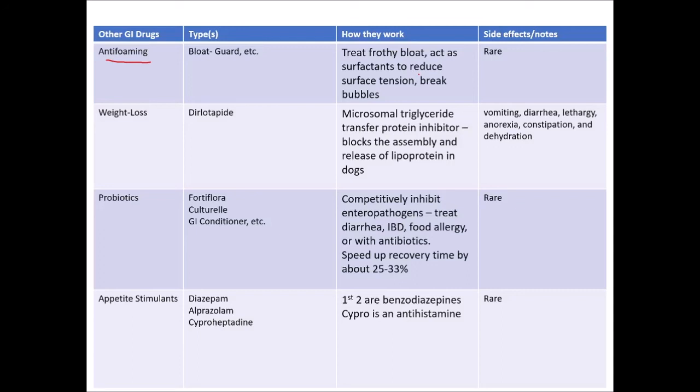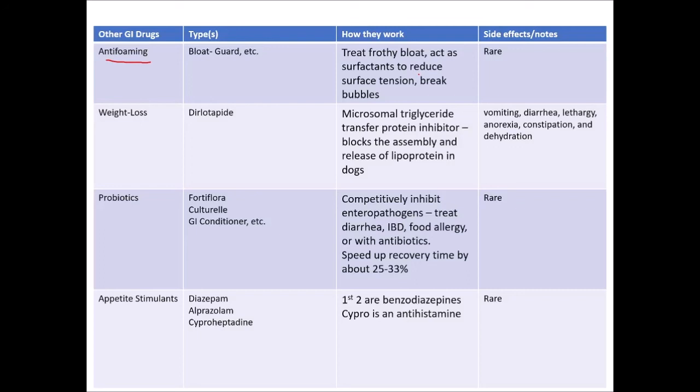Some other oral products are part of the GI section because they're dental products. Dentifrice and cleansing products would be toothpaste, gels, foods, and chews that have enzymes or chlorhex to break down and prevent plaque. There are also human products as well. We do have to be careful with human products, especially toothpaste, because they tend to have too much bicarb in them and too much fluoride in them.